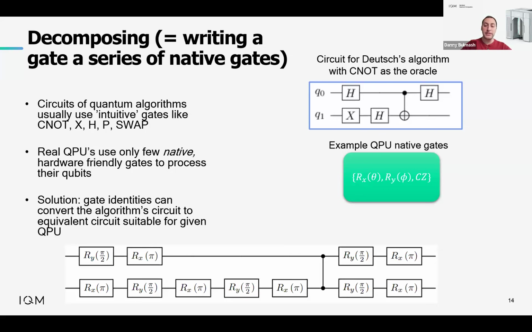You don't need to understand the details of this, but I want to point out these pairs here: a rotation around the y-axis by pi over 2, followed by a rotation around the x-axis by pi. It turns out that is exactly equivalent to doing a Hadamard gate.